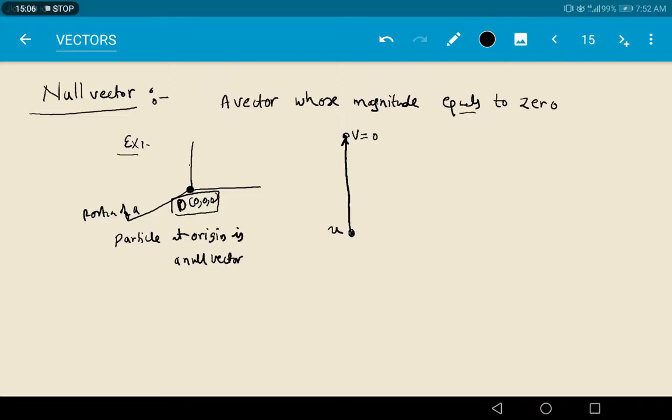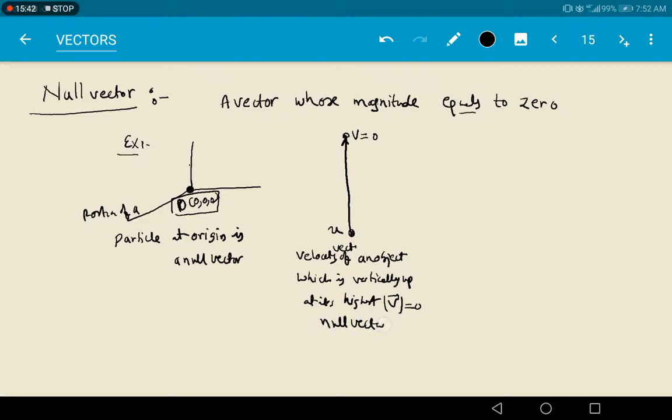That means the velocity vector of an object which is thrown vertically upwards, at its highest point its magnitude is 0. That means the velocity vector at this point is what kind of vector?